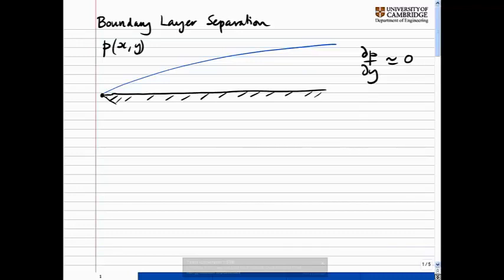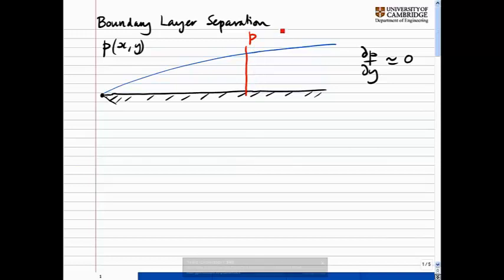Now, physically, we're just simply saying that if we look along a line at constant x, so look at this red line here, the pressure at the top there is the same as the pressure all the way along in that direction.